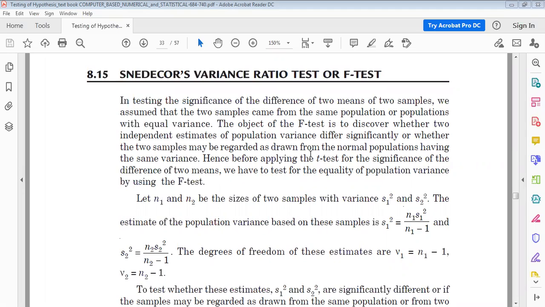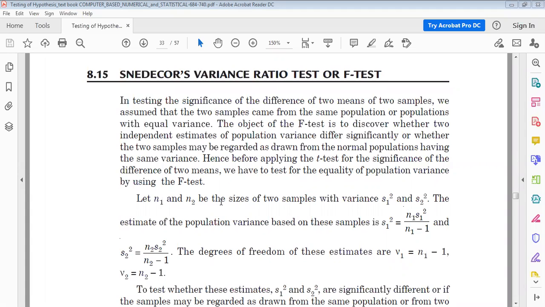Hence, before applying the t-test for significance of the difference of two means, we have to test for equality of population variance by using the F-test. Remember, in the t-test we apply this for two different means, but in the F-test we test the equality of population variance.